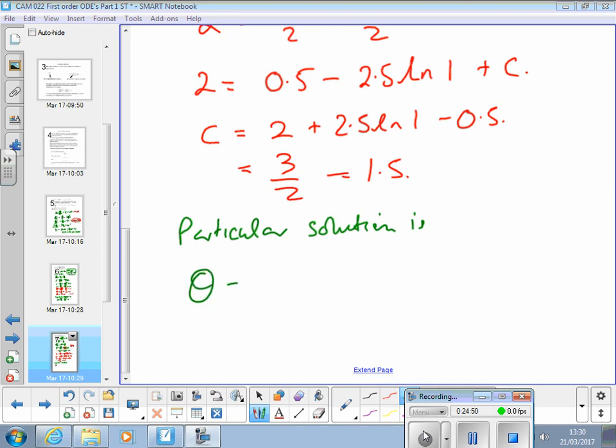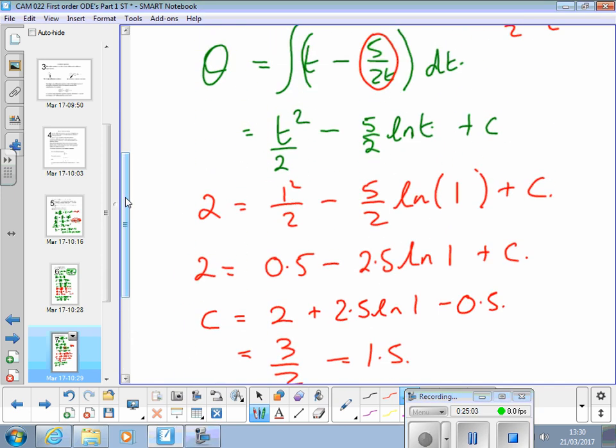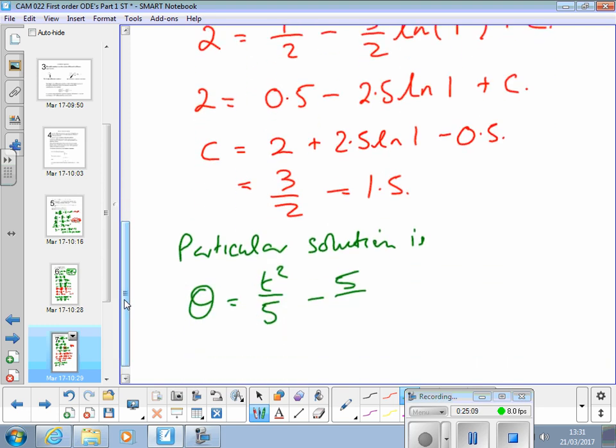Theta is equal to, and we add t squared over 5, turning this general solution into a particular solution. So 5 over 2 ln t plus 1.5.